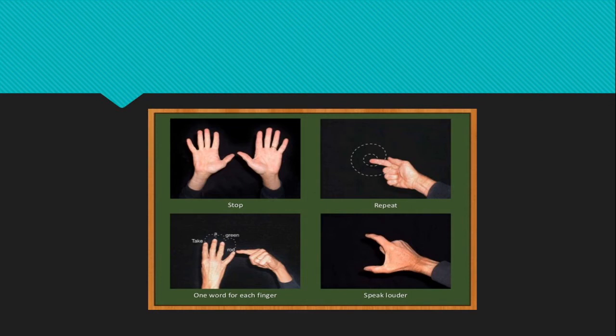Here you have a gesture for stop, to repeat, and each finger can stand for a particular word, like take a green rod, as you can see in the picture. Then the teacher again uses gestures in order to convey the idea that the student has to speak loudly. So these are the common symbols used to communicate ideas by the teacher.